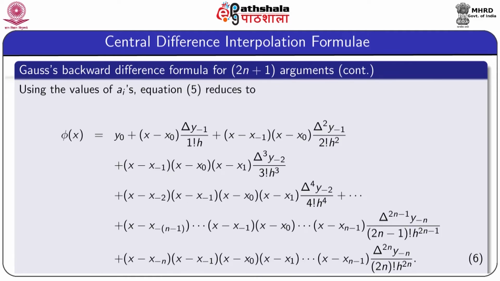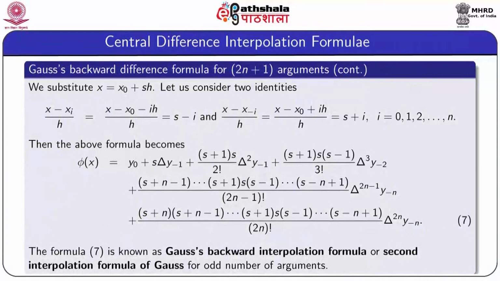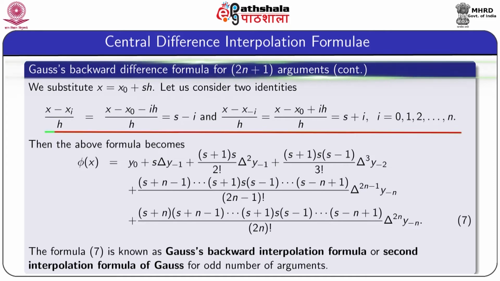Now, substituting these values, we get the simplified form of the polynomial phi x equal to y0 plus (x minus x0) delta y_{-1} by factorial 1 h and so on. Again, the arguments are equispaced, so this formula can also be simplified by introducing a new variable s. We substitute x equal to x0 plus sh. Therefore, (x minus xi) by h equal to (x minus x0 minus ih) divided by h, and this is nothing but s minus i.